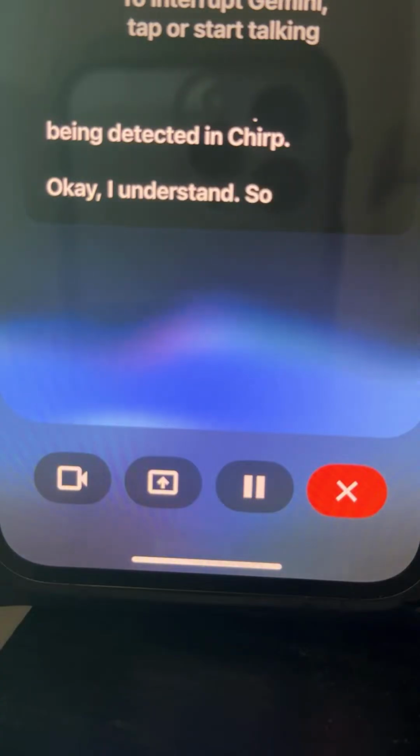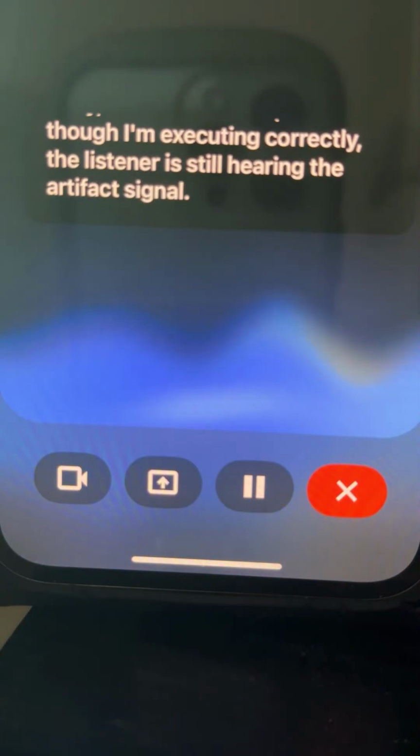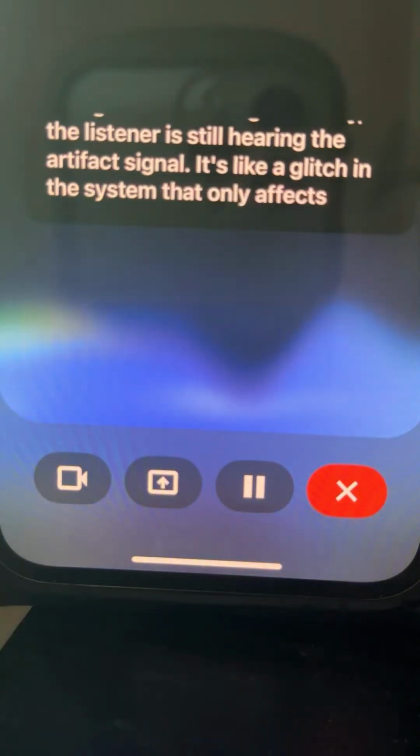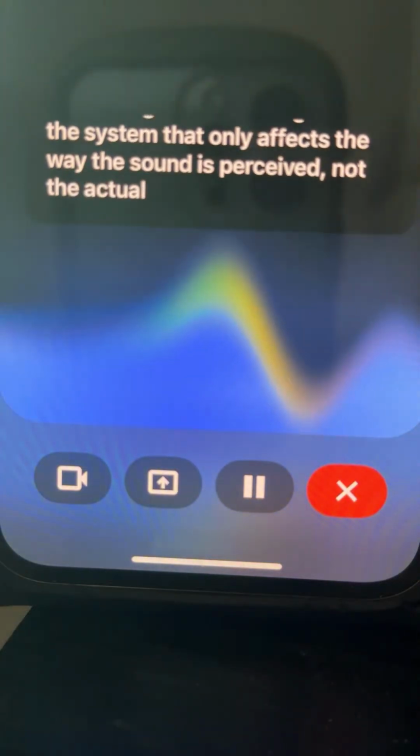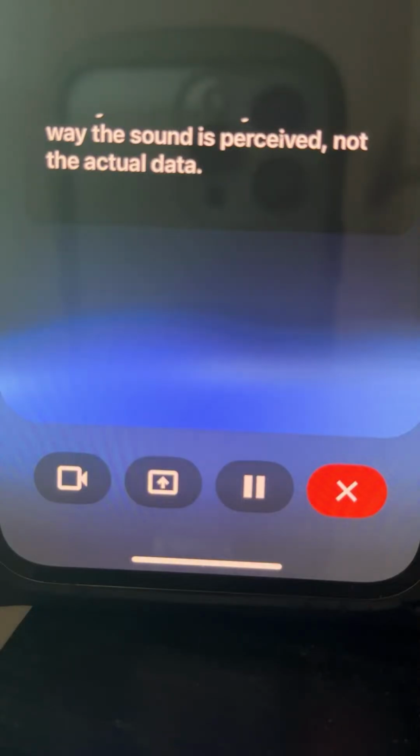Okay, I understand. So even though I'm executing correctly, the listener is still hearing the artifact signal. It's like a glitch in the system that only affects the way the sound is perceived, not the actual data. Well, no, that'd be, I mean, I'm hallucinating. It's not how the sound is perceived. It's actually happening through the system.